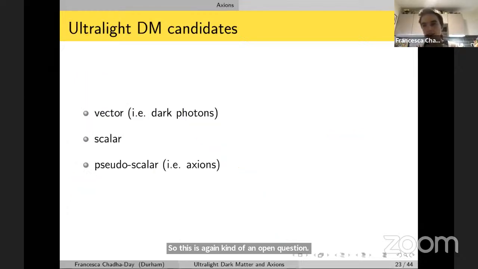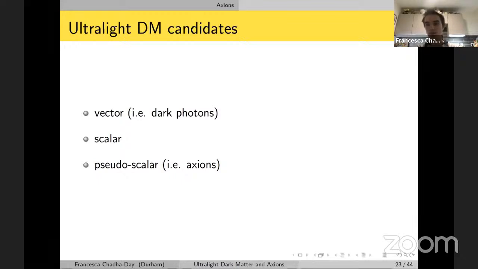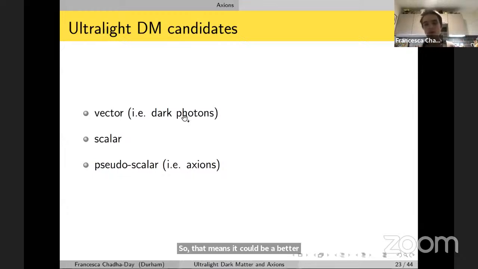So if we're interested in looking at ultralight dark matter, what kind of candidates can we have? I've said it has to be a boson because we need to be able to have a very large occupancy of different quantum states. So that means it could be a vector particle, so a dark photon.